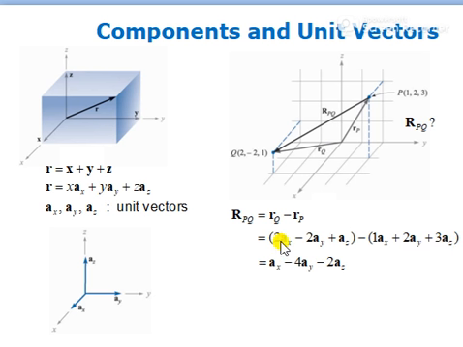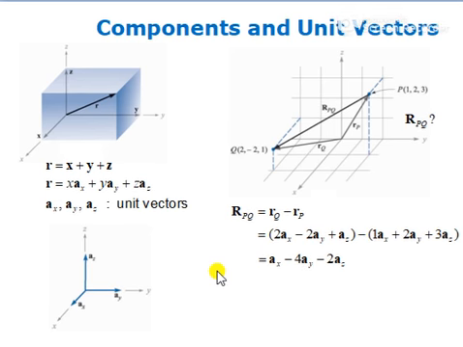Now subtract: 2ax minus 1ax, you will get ax; minus 2ay minus 2ay, it is minus 4ay; plus az minus 3az, it is minus 2az. So this is the distance vector, and these are the radius vectors rq and rp.